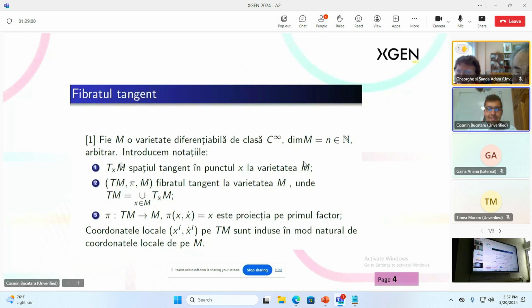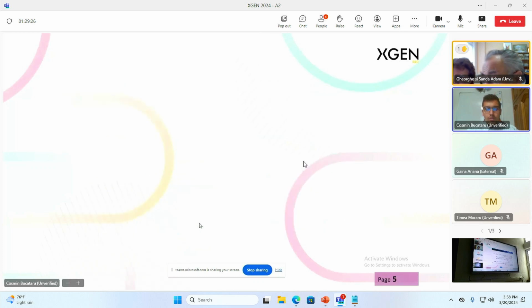We denote by T_xM the tangent space at the point x of M, and the disjoint union of these tangent spaces we denote the tangent bundle, and pi is the projection on the first factor. And as I said in the motivation, we use two types of coordinates, the coordinates x^i and y^i, which represents the speed through the point x.